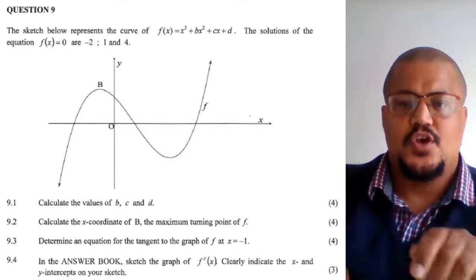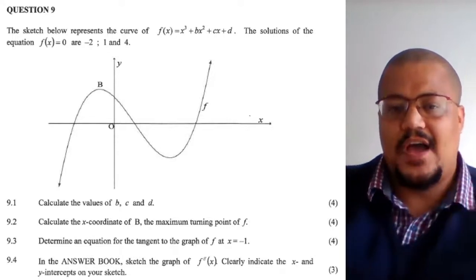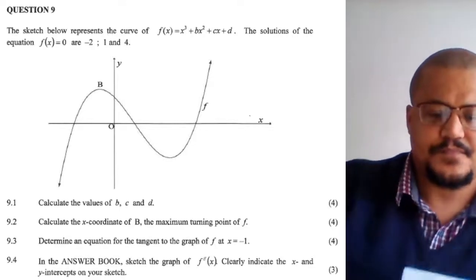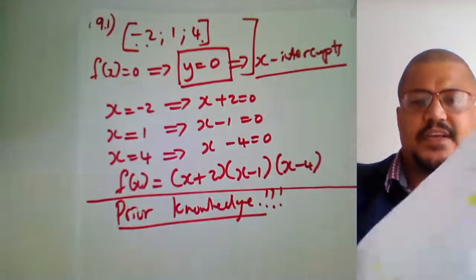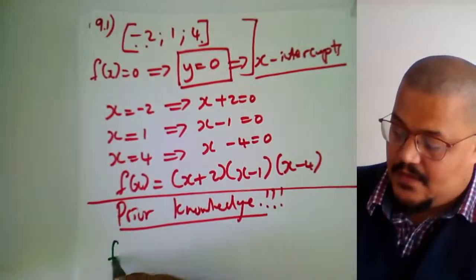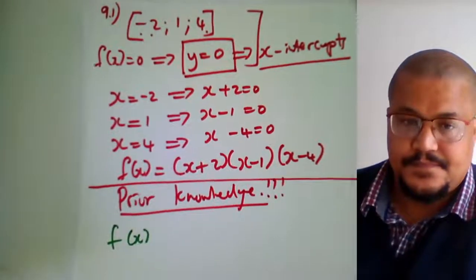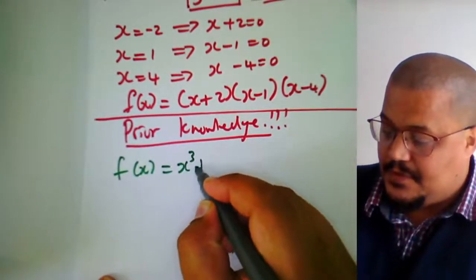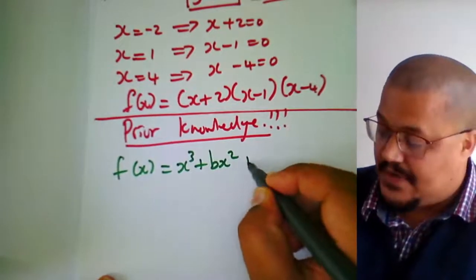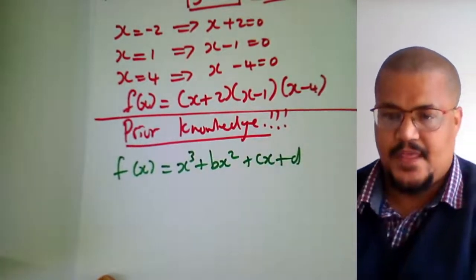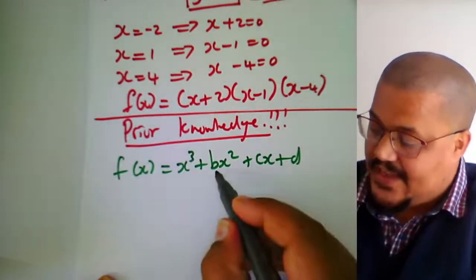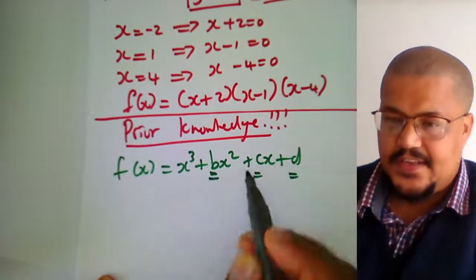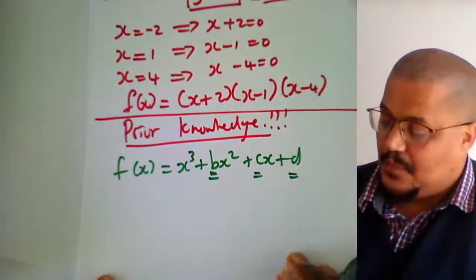You need to be able to identify where to find b, c, and d, and that is given to us in the standard form equation, f of x equals x cubed plus bx squared plus cx plus d. Within this, I can see b, I can see c, and I can also see d.